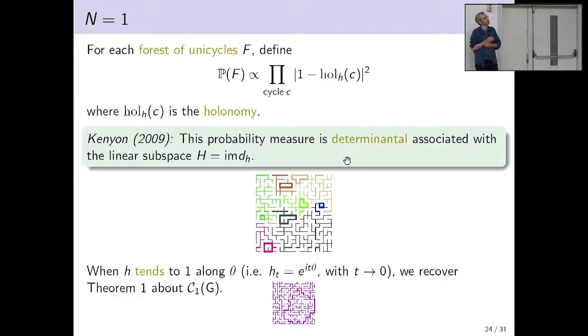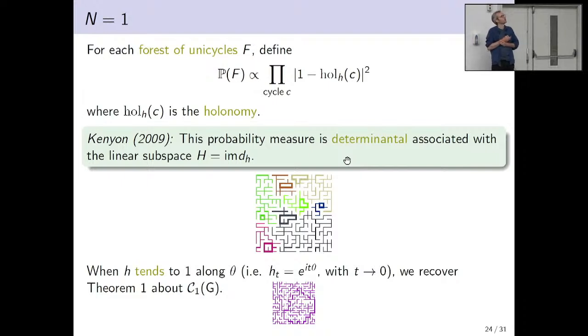So Kenyon has shown that this probability measure is determinantal, and what is the subspace associated? It's just the image of this covariant discrete derivative. So it's really the analog of the Burton-Pemantle theorem, except that now, because of the presence of this H, you don't have spanning trees, you don't have the uniform measure, but you have this thing.